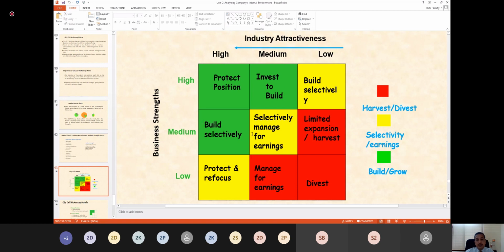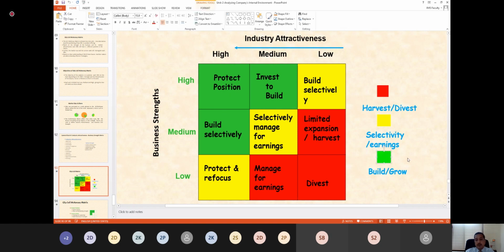Third position is build selectively. Herein the business strengths we have are limited or moderate, however the industry is highly attractive, therefore we can build selectively. So in this green zone you will be able to see we have good opportunities, wherein either the industry is attractive and we also have business strengths. So this green zone is very attractive for any company.